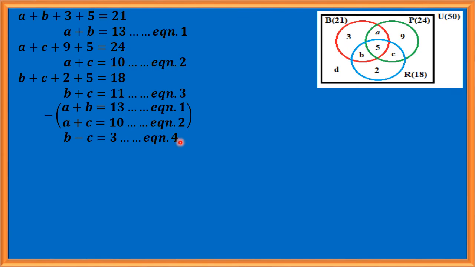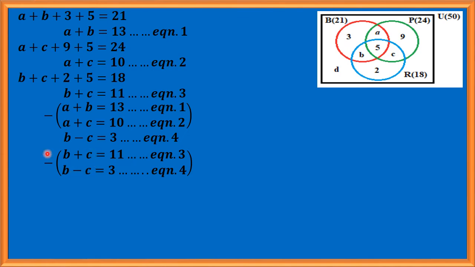So let's subtract the two equations so that we'll have B plus C equal 11, that is equation 3, minus B minus C equal 3, that is equation 4. When we do that, B minus B, you see that B will be cancelled or eliminated.